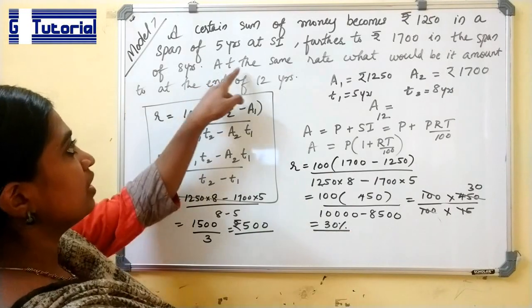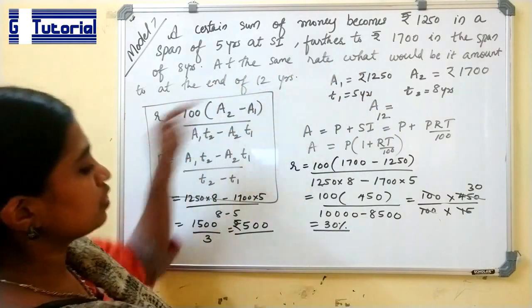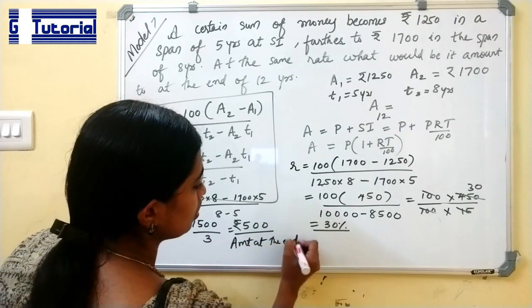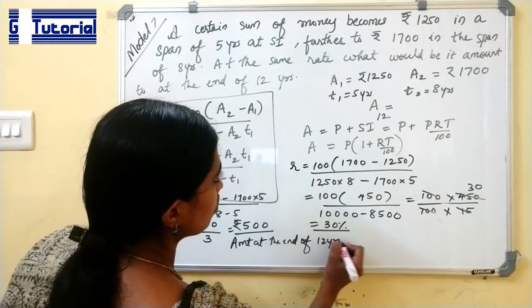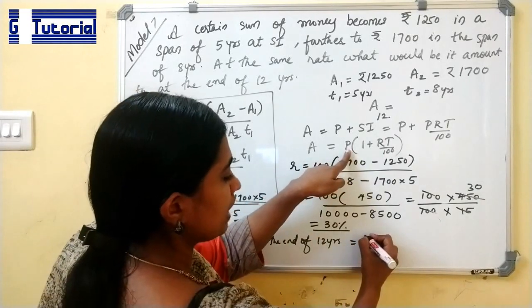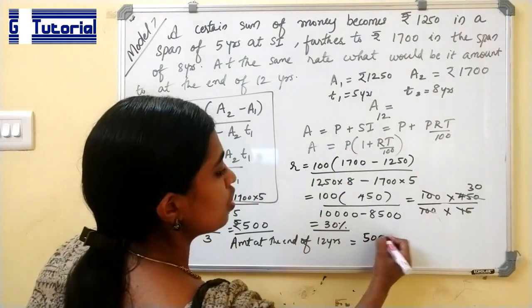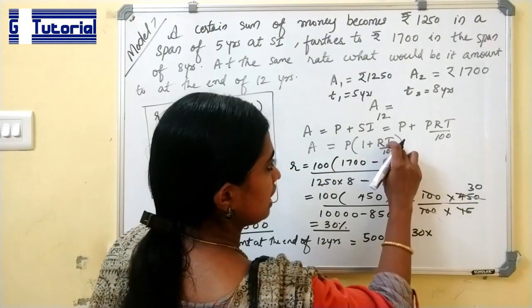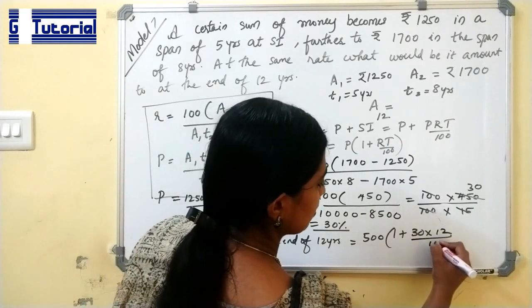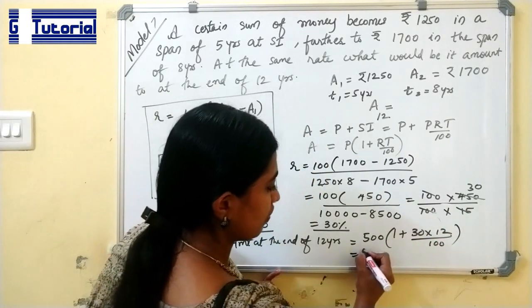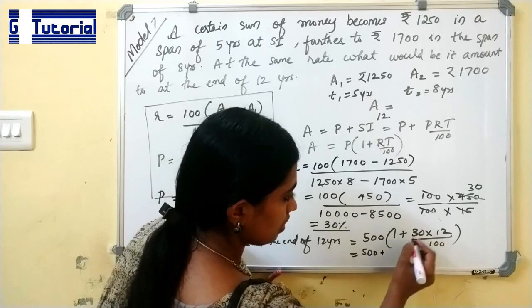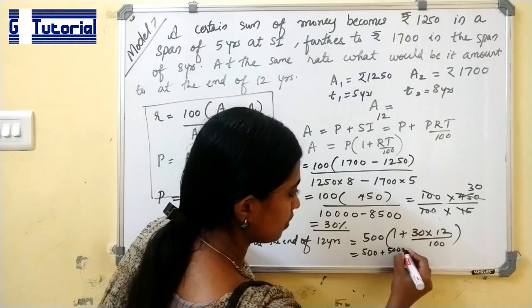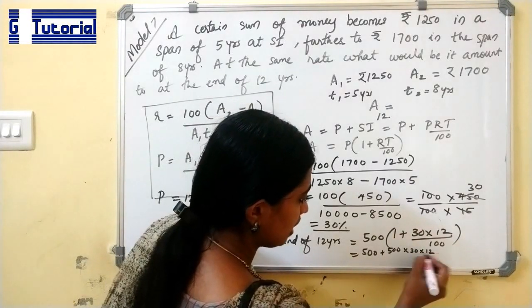So we can calculate the amount at the end of 12 years. Amount at the end of 12 years is equal to, you can substitute in this formula, P into 1 plus RT by 100, which is 500 into 1 plus 30 into 12 years divided by 100, which is equal to 500 plus, opening the bracket, 500 into 30 into 12 by 100.